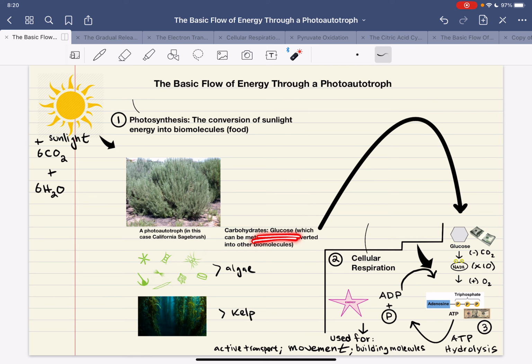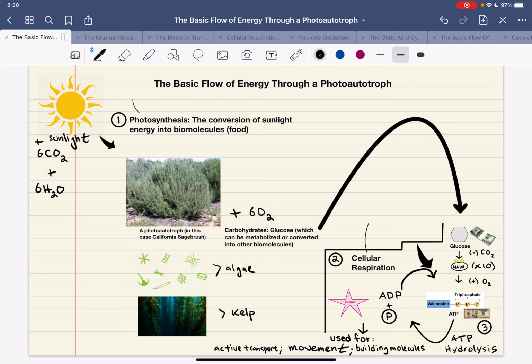So glucose is the major product, but they also give off oxygen as well.